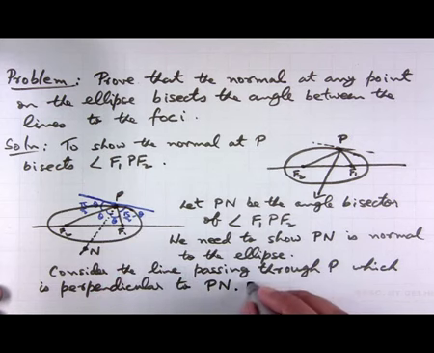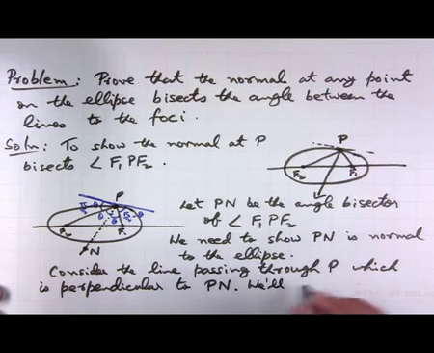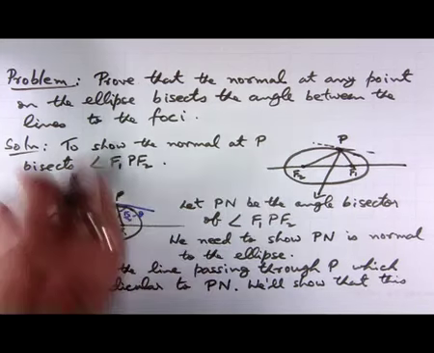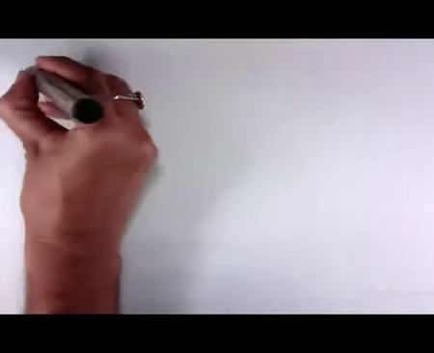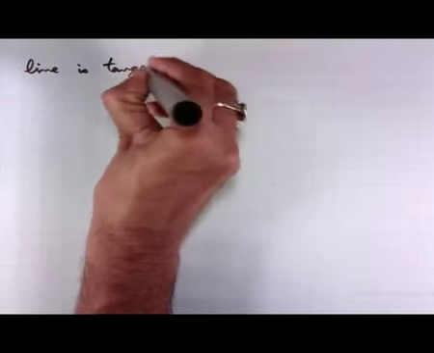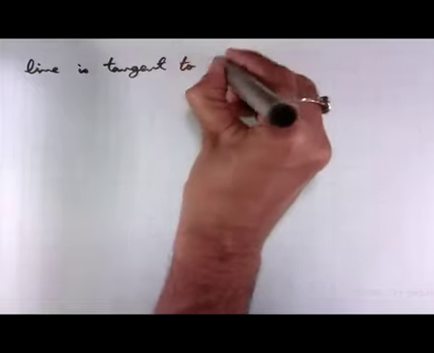So, we will show that this line is tangent to the ellipse.